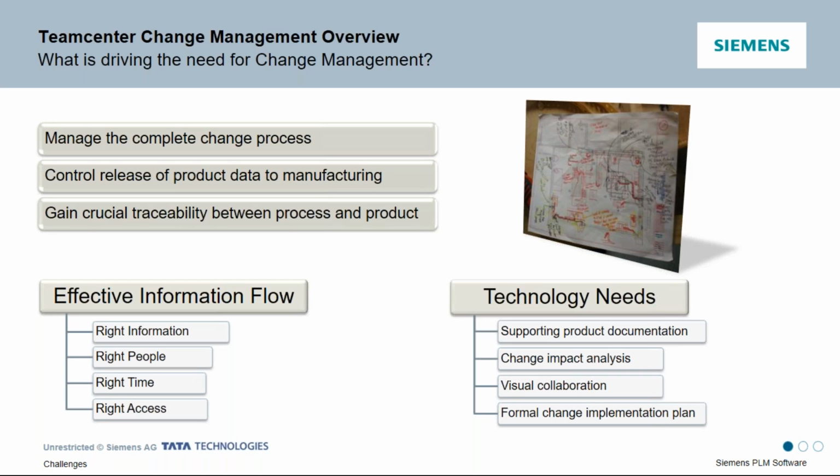That takes care of my task sequencing, giving the information to the right people at the right time. Now there is a technology need to support the change impact analysis and to have complete traceability and capture all the information pertaining to a change, and also to support visual collaboration and to support a formal change implementation plan.